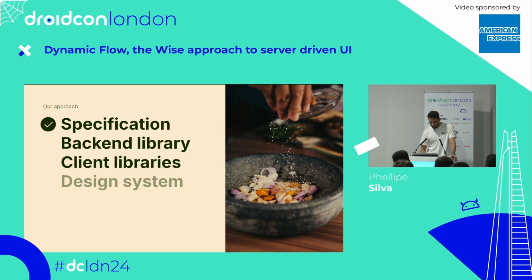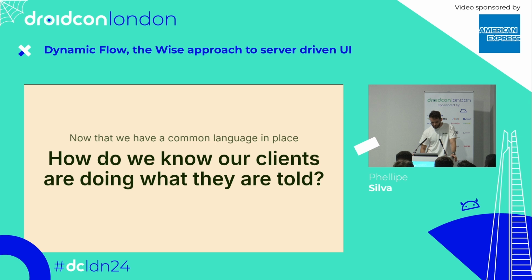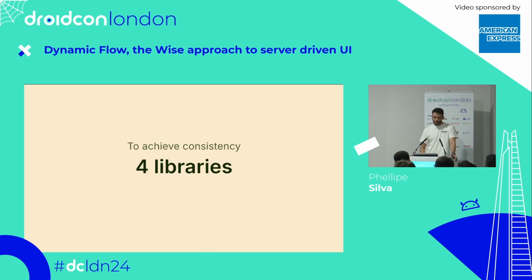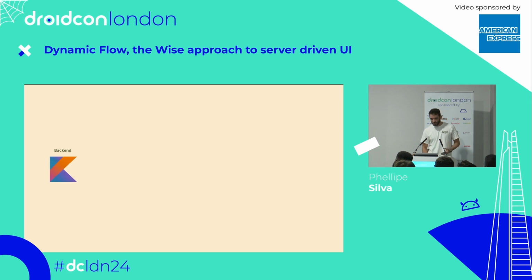Let's move to support libraries. Those are the next ingredients of our recipe. Now that we have a common language, how do we know that our clients are doing exactly what they are told? To achieve maximum consistency, we created 4 libraries. The first library is a backend library.